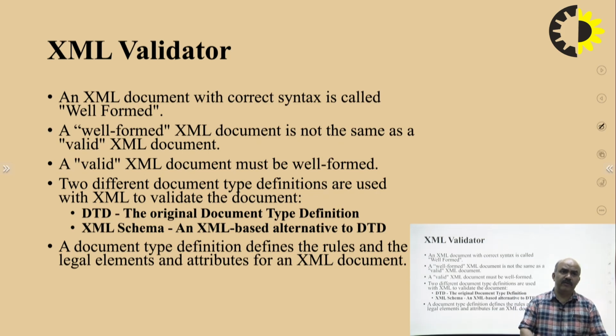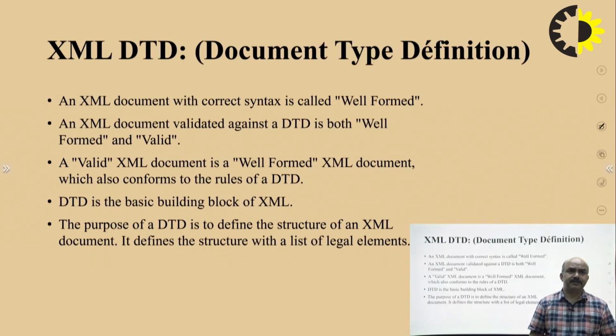There are two different types used to validate those documents: DTD and XML schemas, as I told you. A document type definition defines the rules and regulations, which define the legal elements and their attributes for the XML document.